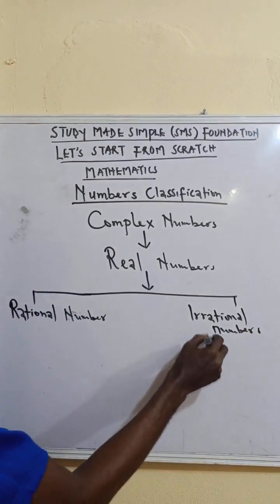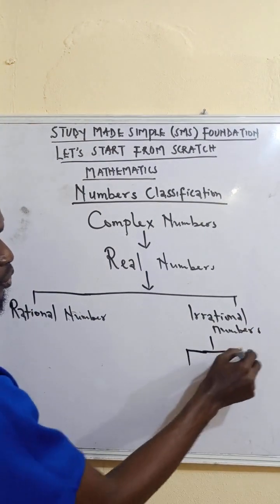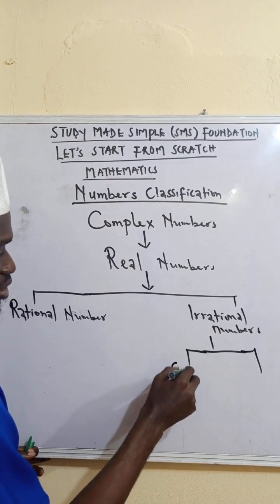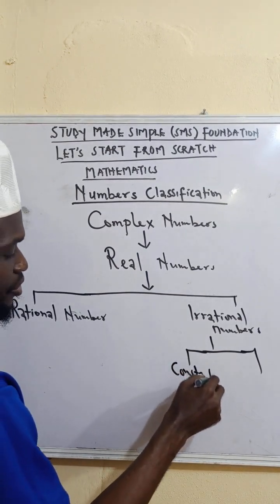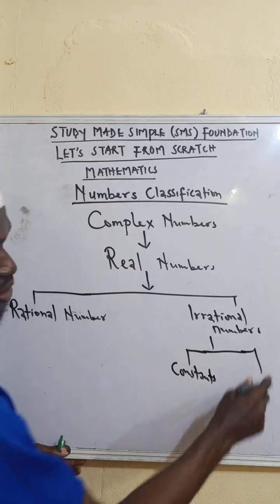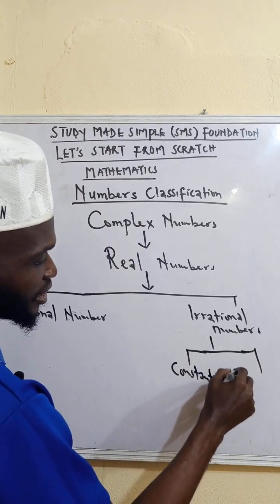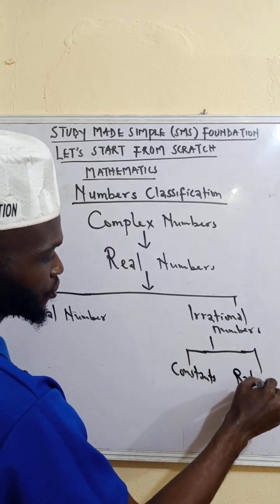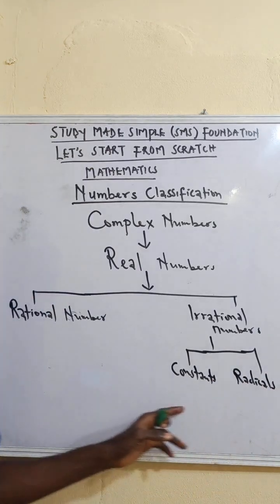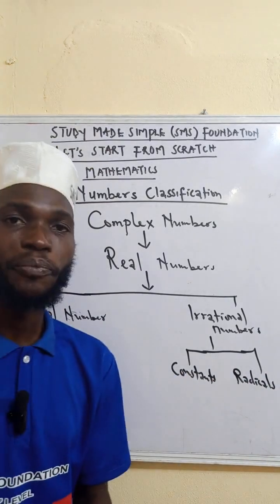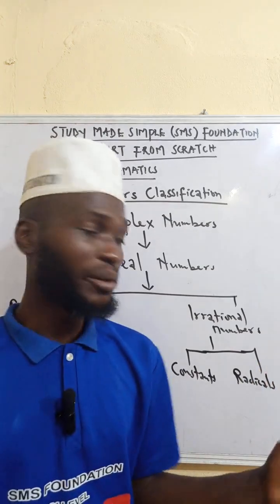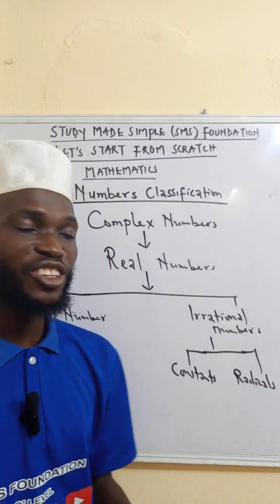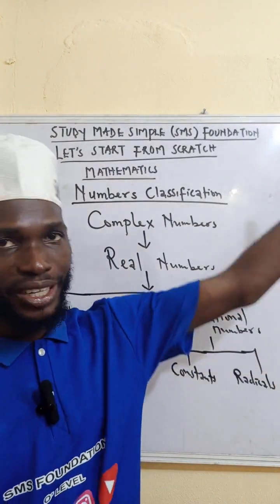So that means this can be further broken into two. We have mathematical constants, established ones. Then we have radicals, like square roots. Those constants like pi, we have a value for pi, 3.142 and so on.